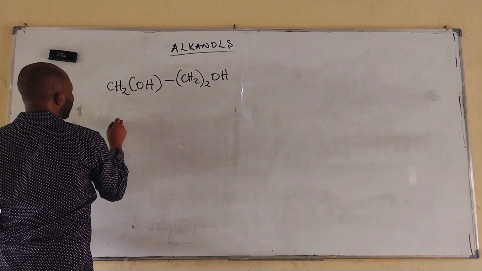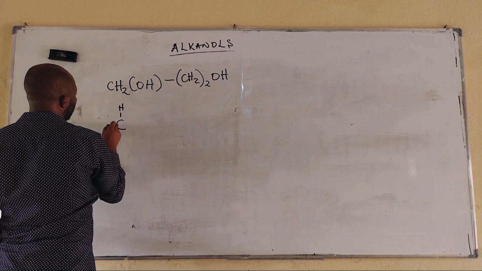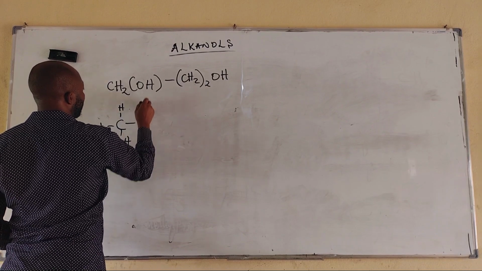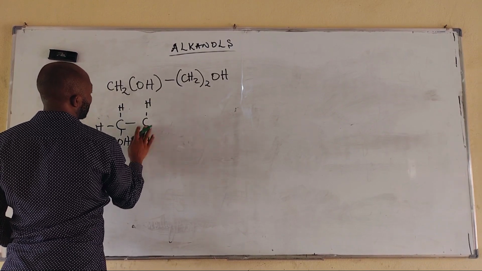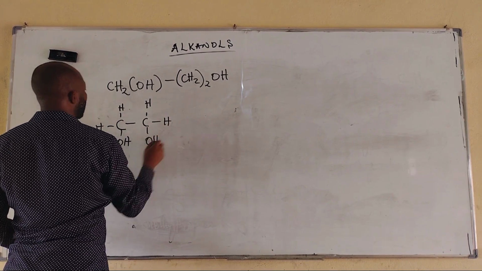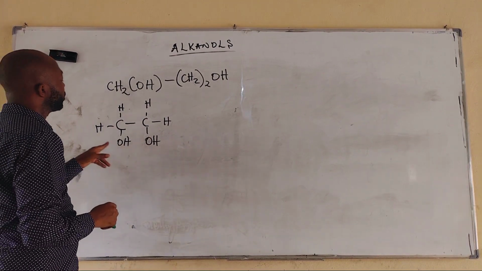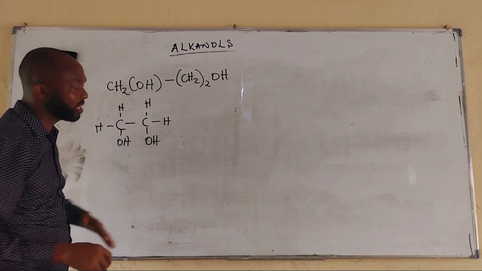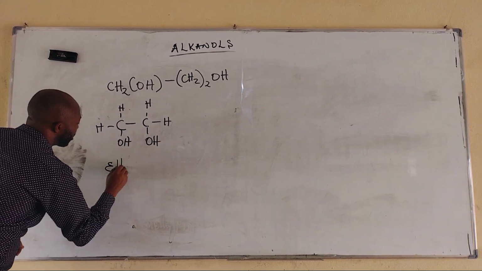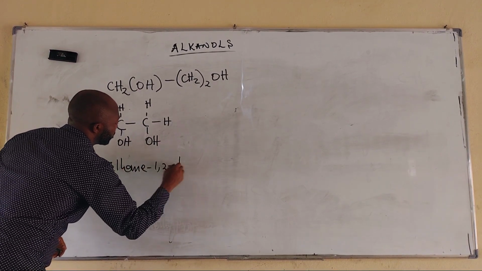So here I have my C, which has 2 hydrogen and 1 OH, and another C that has 2 hydrogen. Let me put the hydrogen beside, and 1 OH. So this is ethane-1,2-diol, or 1,2-ethanediol.